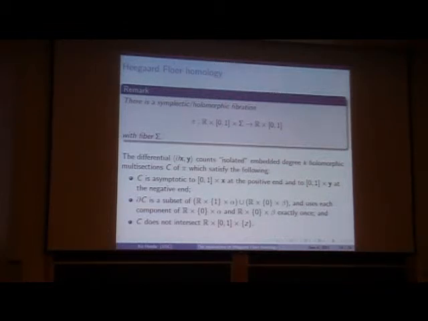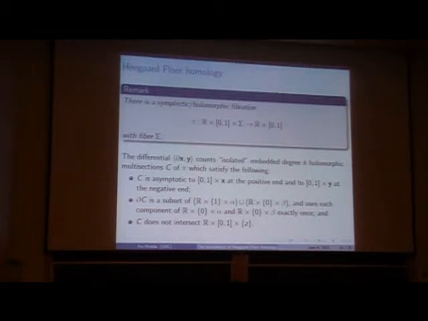For ECH, it looks like this. In our case, you have a collection of Reeb chords at positive infinity, [0,1] cross x, and another collection at negative infinity, [0,1] cross y. And you're interested in holomorphic curves from here to there, which asymptotically approach these things at infinity.